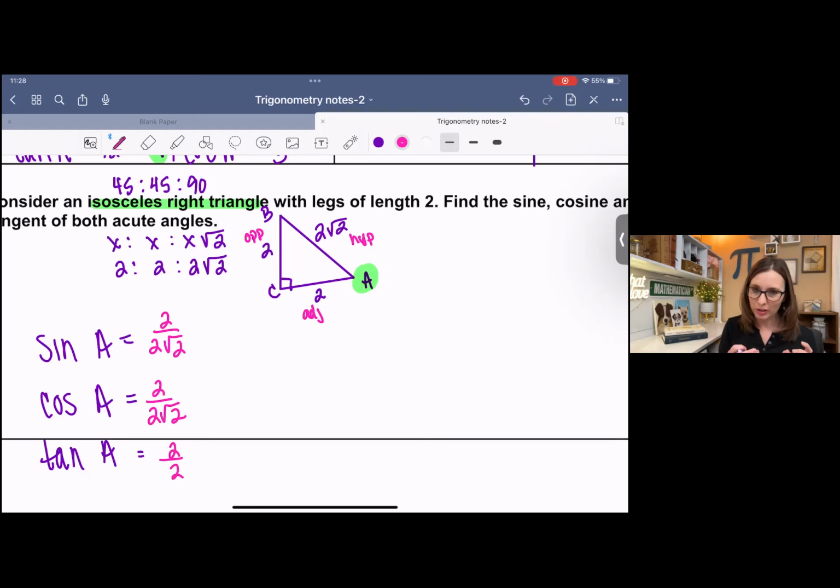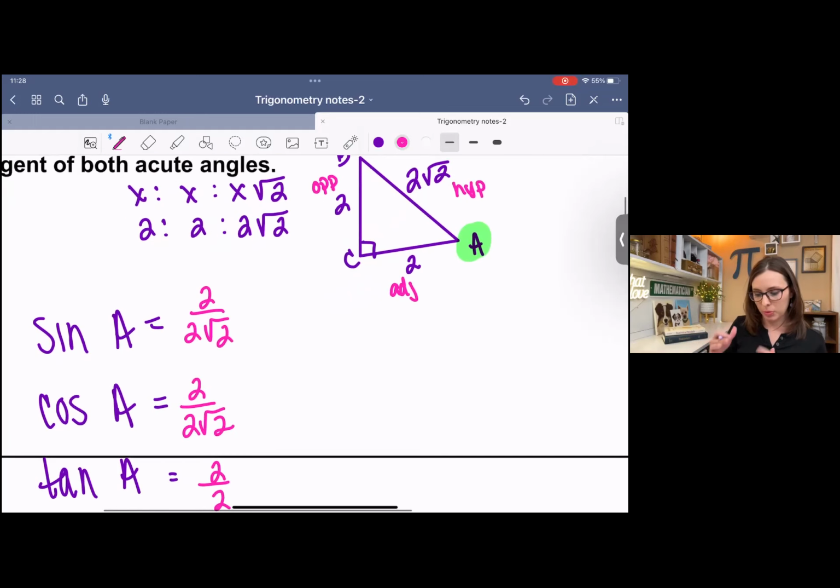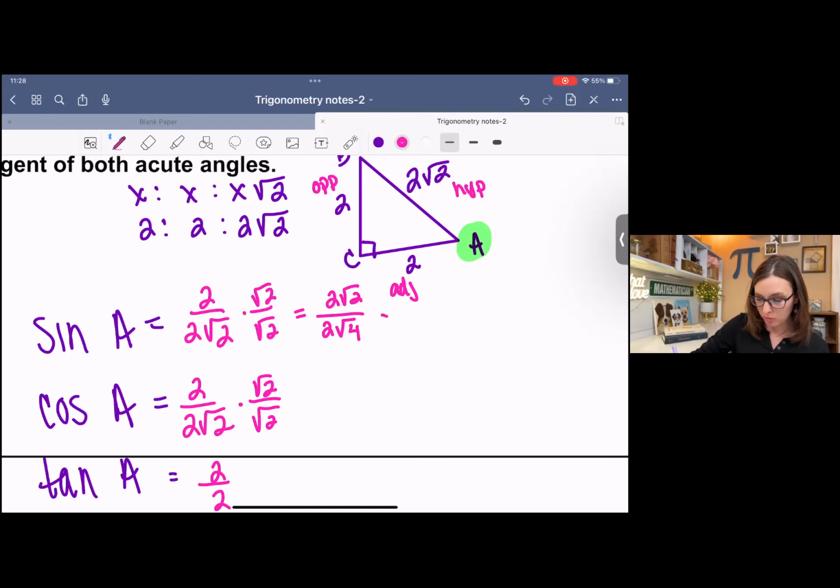Now I need to simplify a little bit, because you can see in sine and cosine that we've got square roots in the bottom. So we need to do what's called rationalizing the denominator. And to do that, it's a fairly simple task. We multiply by the square root in the denominator on the top and the bottom. These are going to be the same, so we're just doing the same problem twice, basically. So on the top, we have 2 square root 2, and on the bottom, we have 2 times square root 4. I'm going to go over here.